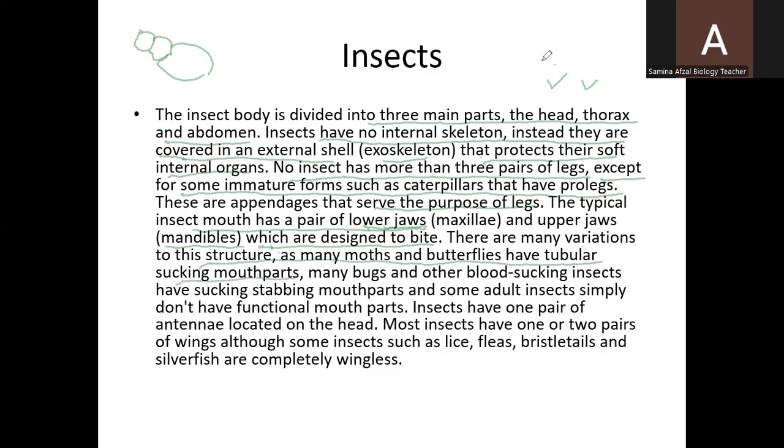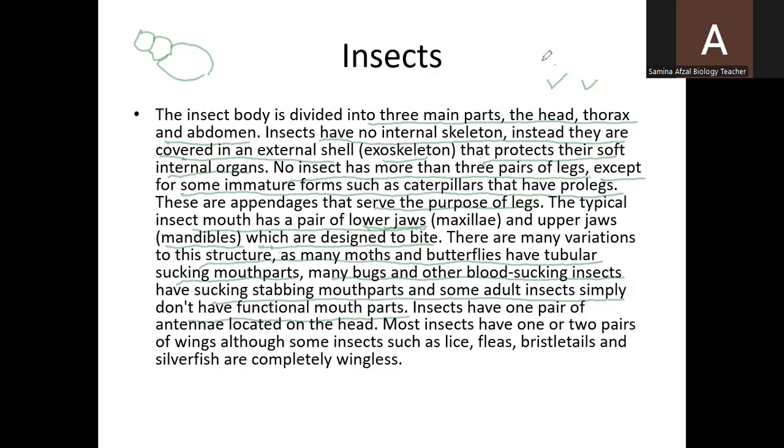Many bugs and other blood-sucking insects have sucking, stabbing mouth parts, and some adult insects don't have functional mouth parts. So they have a variety of mouth parts according to the requirements of their body, to get different kinds of food.